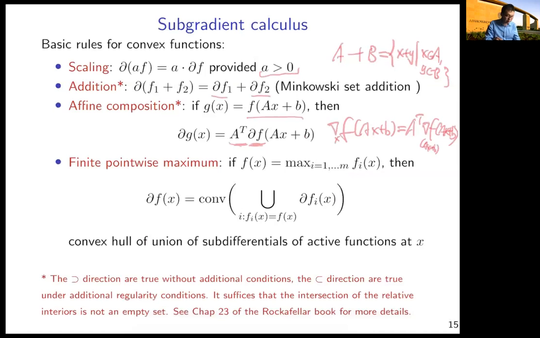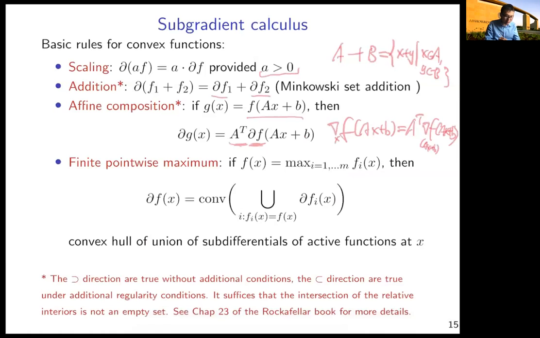There's one last bullet point before we go to our break. We talked about two functions when we take the maximum of f1 and f2. This can be naturally generalized to many finite functions.